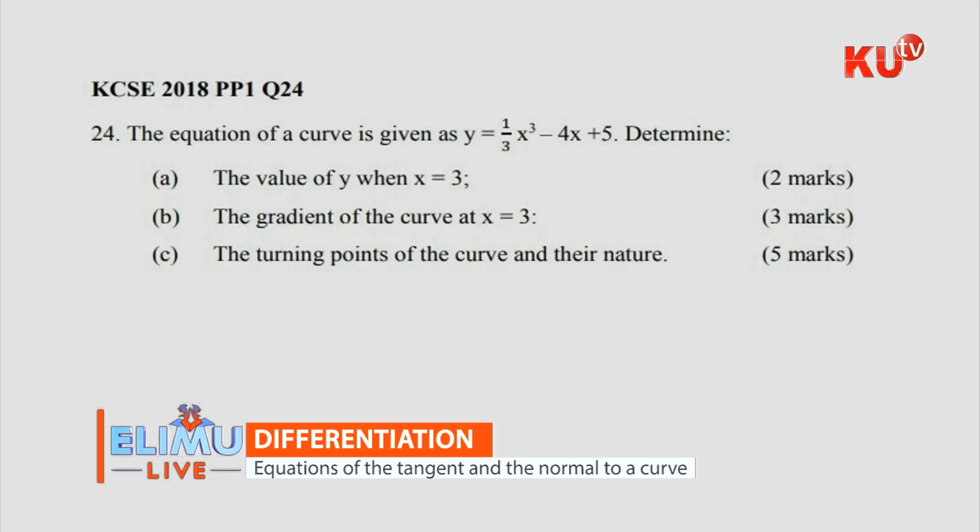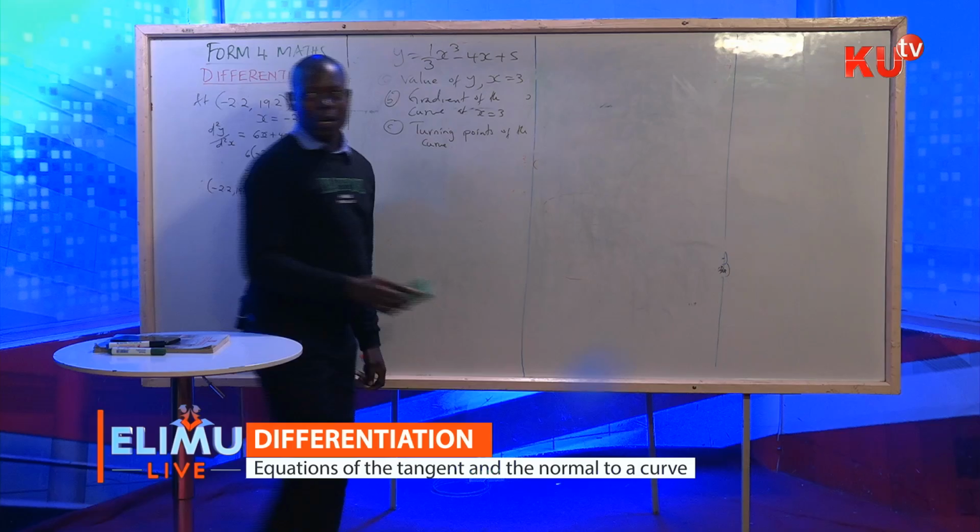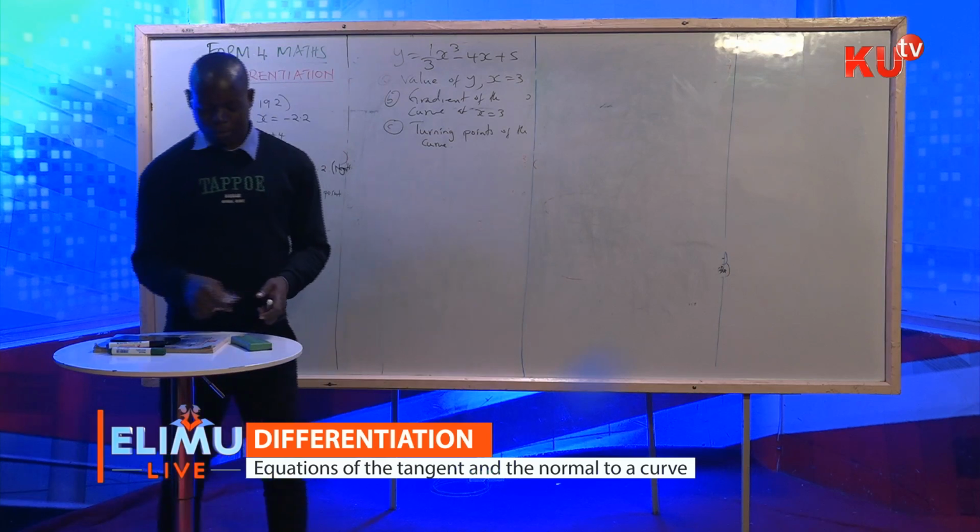Those were the questions in the KCSE 2018 from this concept that we've discussed today. So let's make a review together, students, so that we see how this question ought to be worked out. Let's work it together.